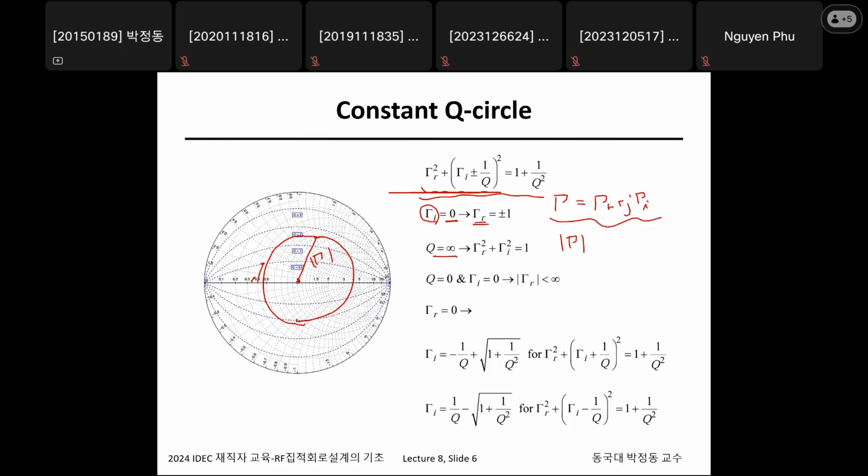As you can see, the distance between this and this is the designated source impedance, and this is the load impedance. If the distance is long, then if you just use a single matching network, you need to use a higher quality factor, something like this.